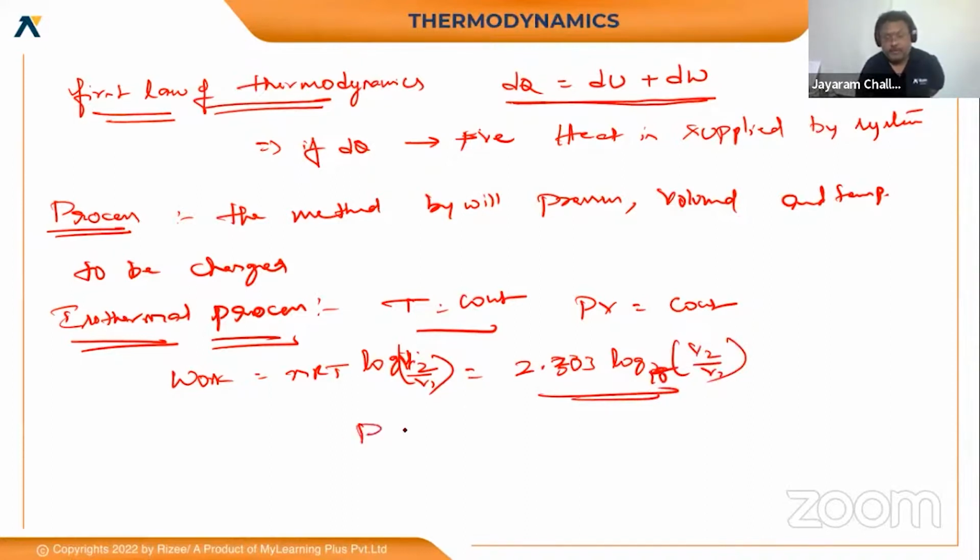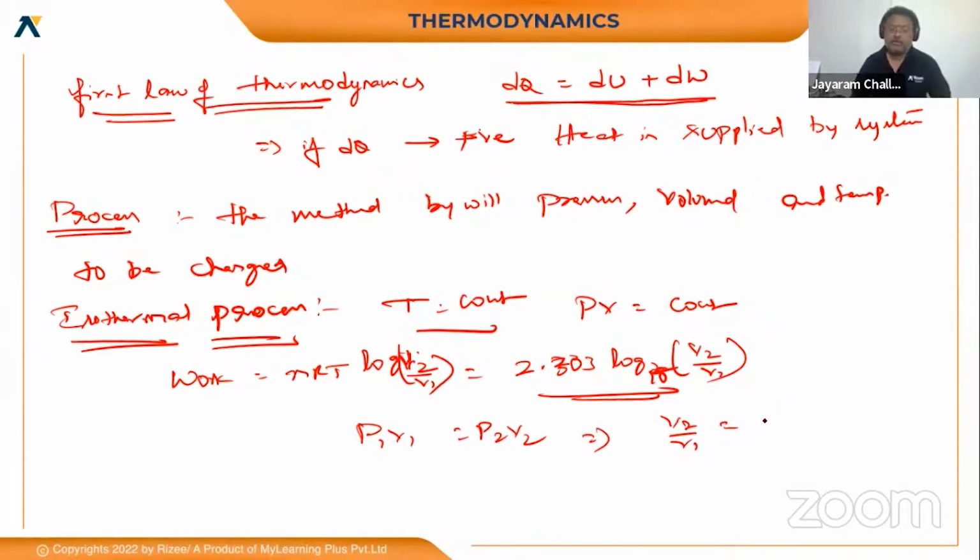Now P1 V1 is equal to P2 V2 because temperature is constant. In place of V2 by V1, I can also write P1 by P2. Okay? That is going to be the difficult task.